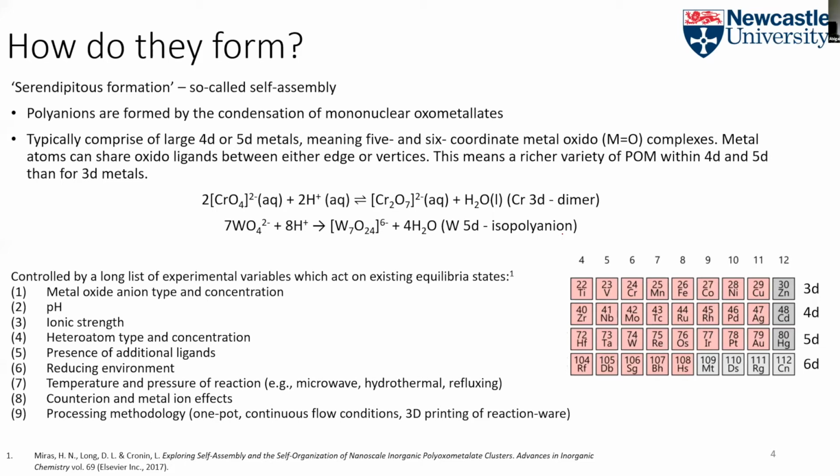Even with the same starting materials, if you vary the type of anion and its concentration, things like pH, ionic strength, all of these variables at the bottom here control what you get out. So they're really tunable, and again, you have access to a lot of different structures, even just from simple starting building blocks. So obviously, there's a lot to explore there.